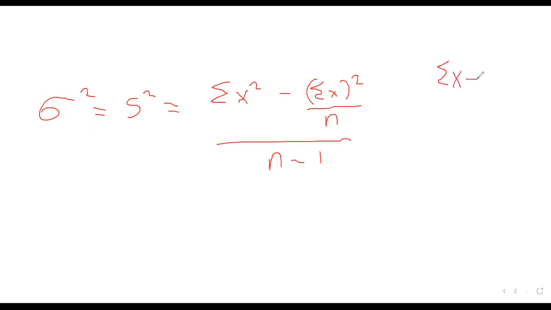Suppose summation of x is 10, summation of x squared is maybe 100, and our n is 5. I've given you all the parameters. Kindly try to substitute that.